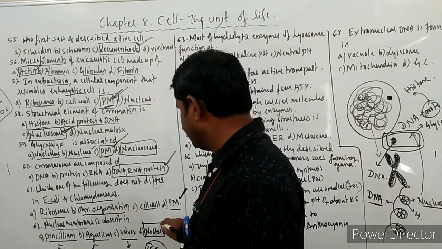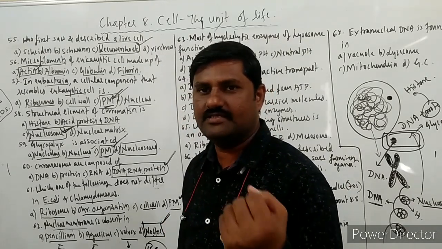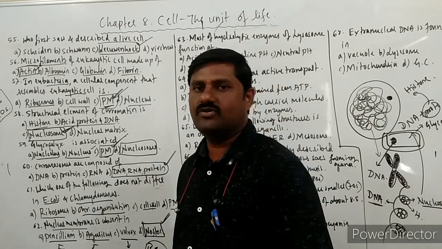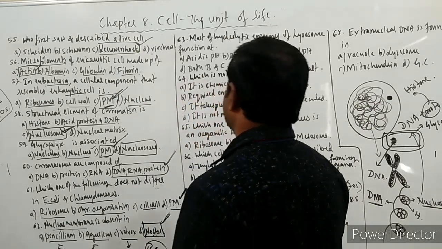Hence, the correct answer for this question is Nostoc. Anabaena is also a best example. Azolla is also a best example for these blue-green algae.